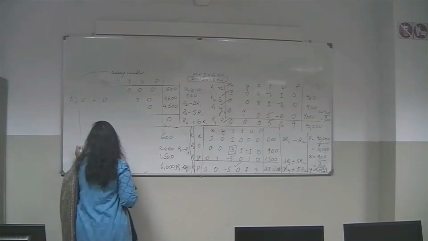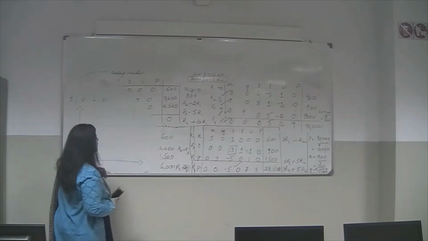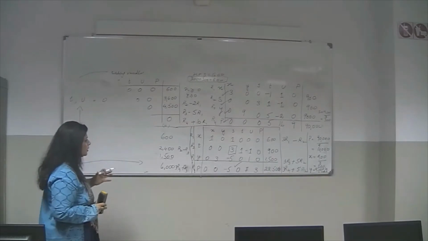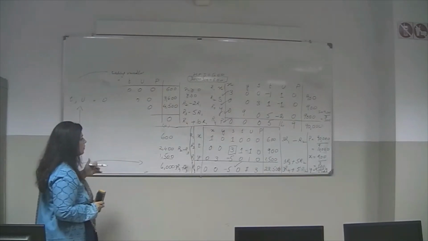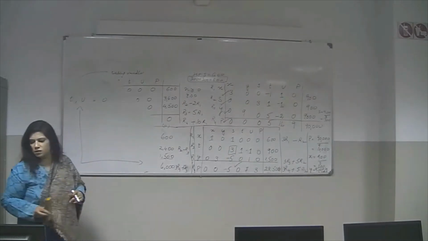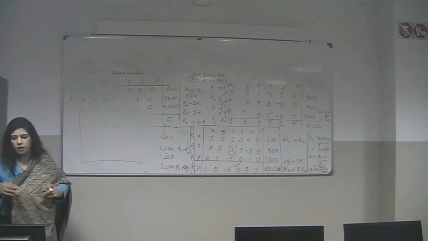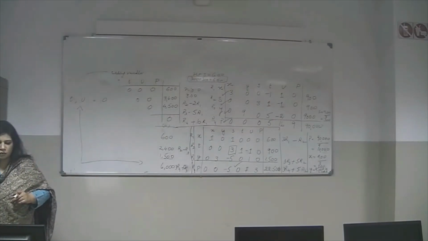So when we draw the graph, actually, the feasibility region is basically that region which can give us the value that is just below the maximized variables. For this, we already have the equations with us. Let me just get back to the equation.